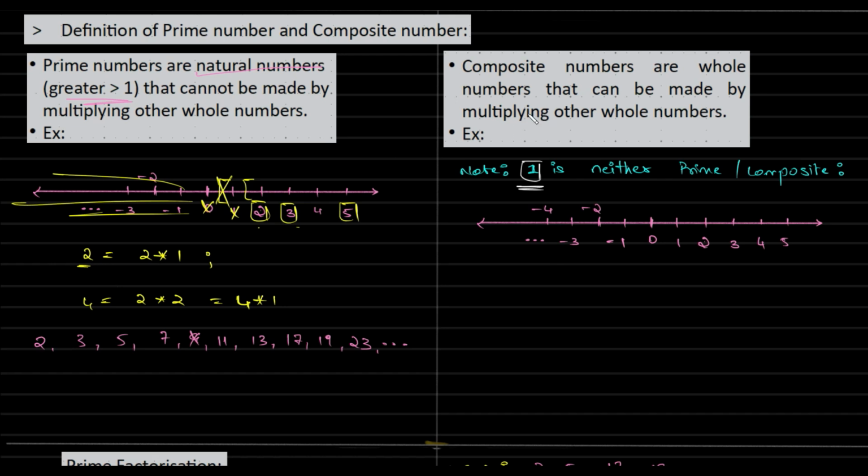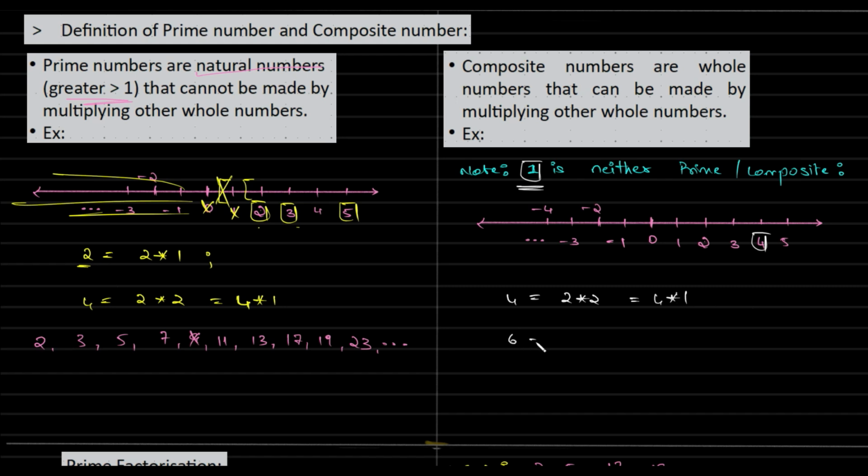So composite numbers are whole numbers that can be made by multiplying other whole numbers. For example, 4: we can get 4 by multiplying 2 and 2, and also 4 into 1. There are so many ways.